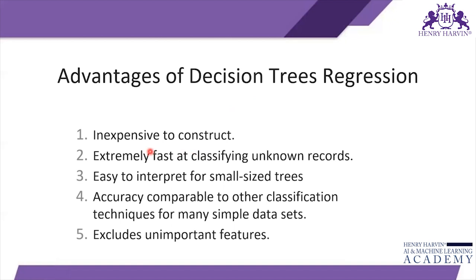So next, the advantages of this decision tree regression: inexpensive to construct. This doesn't take much computation power. Extremely fast at classifying unknown records, so it is very fast to give the prediction. Easy to interpret for small sized trees. So if we have small sized trees, then it is easy to interpret that tree.